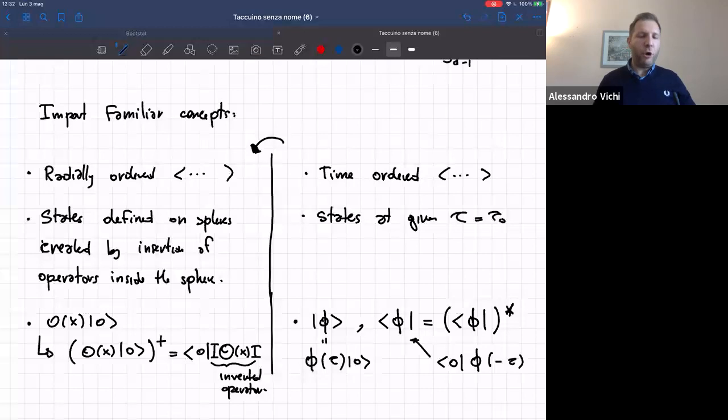By importing this concept from radial quantization, from the cylinder picture, we will be able to make progress. In particular, we will explore two consequences tomorrow. One is the existence of an operator product expansion, which is a consequence of having a Hilbert space of states on the sphere, which allows you to decompose each state into a basis and then go back to the operator analog.